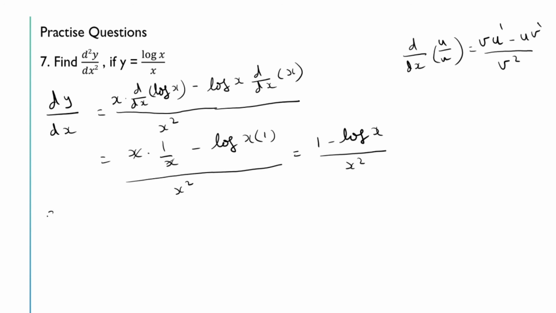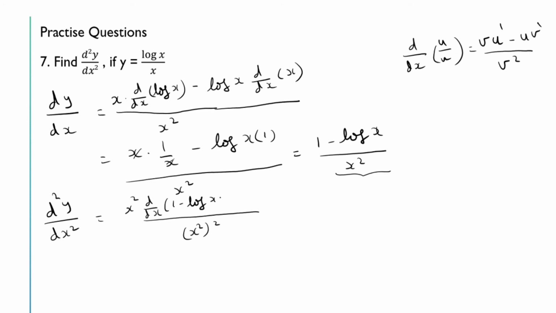Now we will find d square y by dx square. This is the derivative of this function. So this is equal to, denominator will be (x square) the whole square, and in the numerator we will have x square into d by dx of (1 minus log x), minus (1 minus log x) into d by dx of x square.